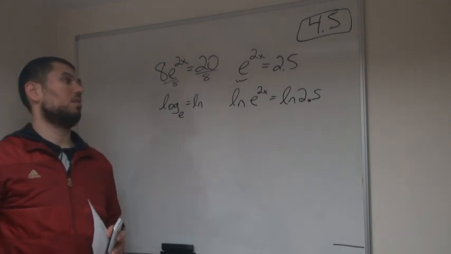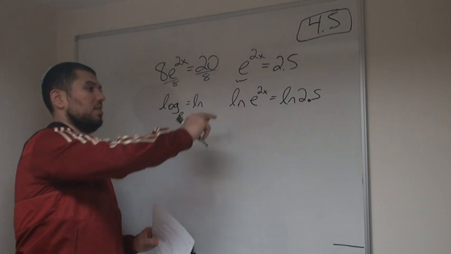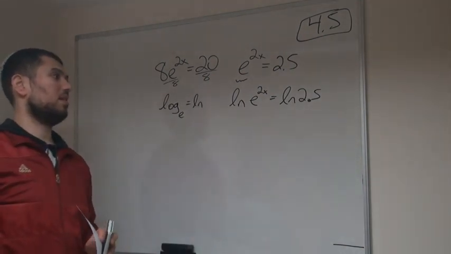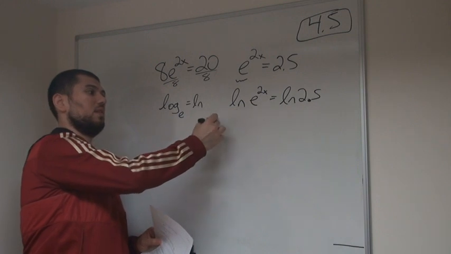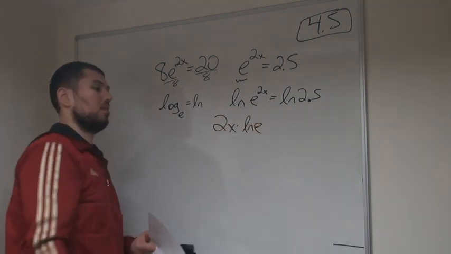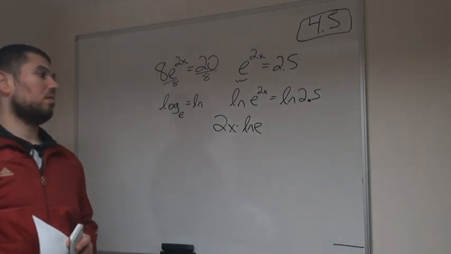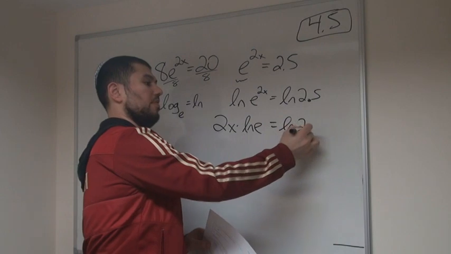So what I'm going to do now is bring the 2x down. Okay? I'm going to use rule 3 and say ln of e to the 2x is 2x times the ln of e. That should be the ln of 2.5.